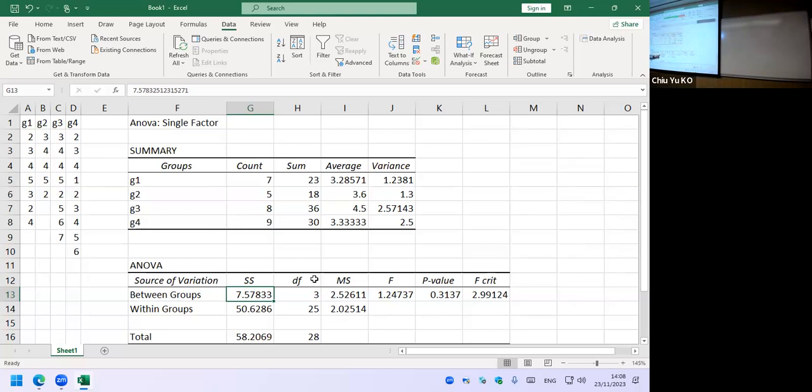You don't have to do the calculation, but you need to know what these are. SS between groups means you replace each observation by its group mean. So you replace this by 3.2, the second column by 3.6, and so on.